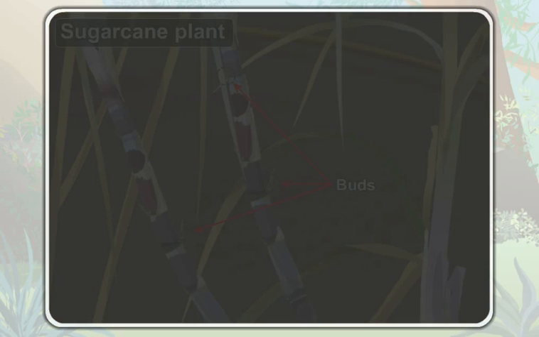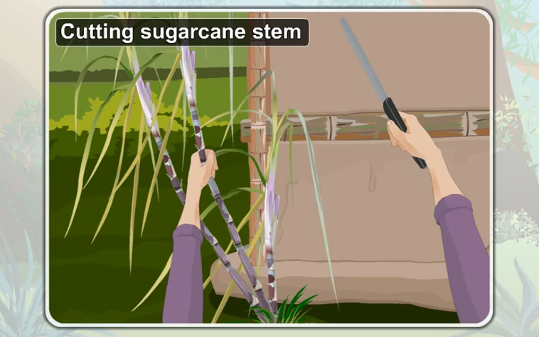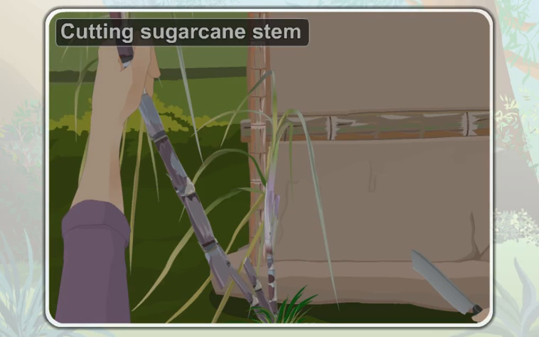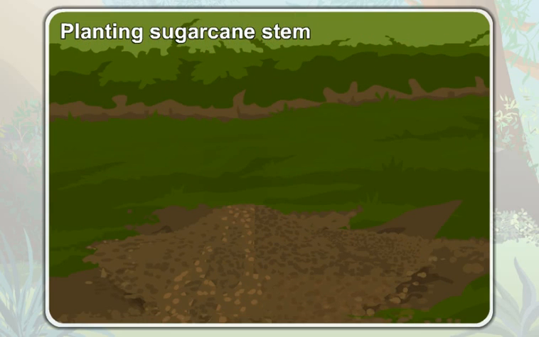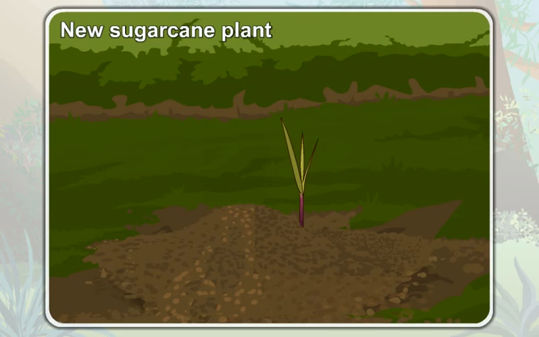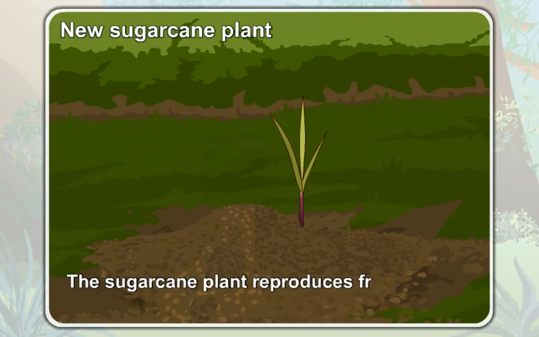Let us cut the stem of the sugarcane plant and plant it in the soil. Do you know what would happen? After some days, a new sugarcane plant grows out of the same bud present on the stem. The sugarcane plant reproduces from the bud present on the stem.